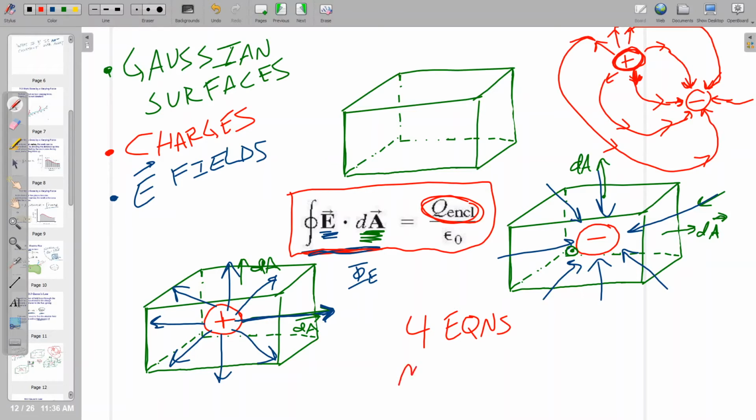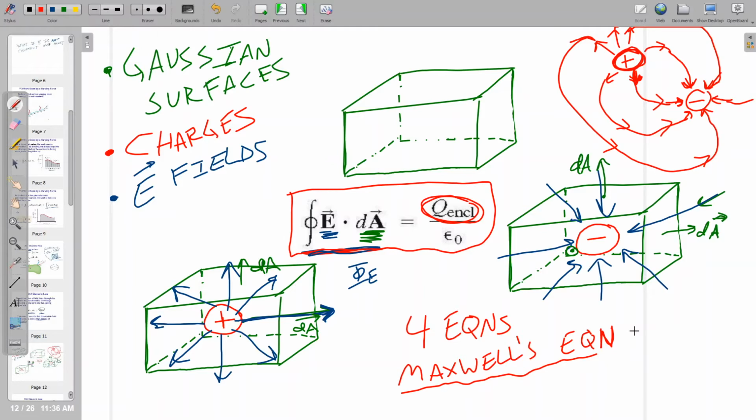They're called Maxwell's equations. And the first of them is Gauss's law. That's the first one that we'll be covering. Maxwell's equations are kind of the epitome of physics 2. This is what we're working our way up towards.